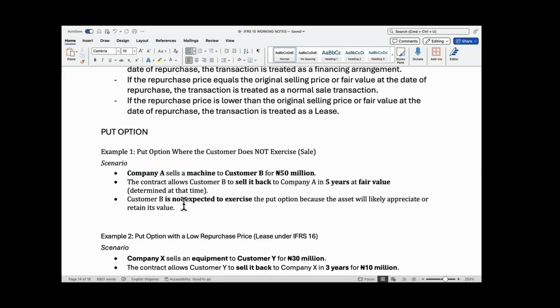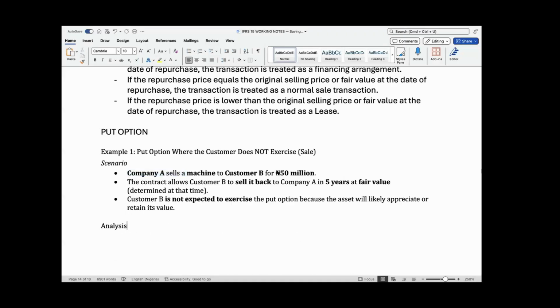So what do we do? Let's analyze this. Since the buyer will not exercise its option, the transaction is treated as what? Can you tell me? Financial agreement. No, it's a normal sale transaction.